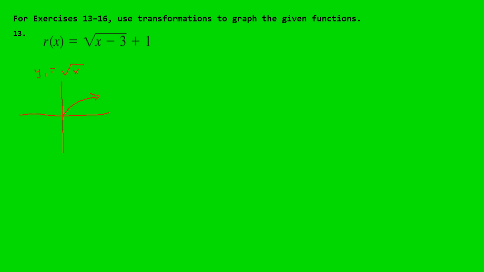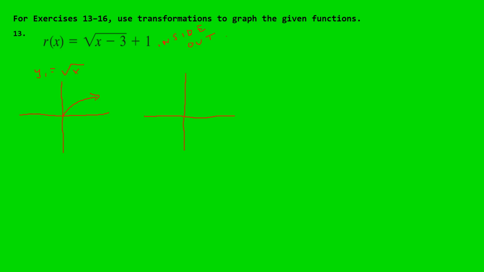And that's a graph that we have memorized. Stage 2, we're going to go inside out. Okay, we always go inside out. So we're going to deal with the -3, and then we're going to deal with the 1.